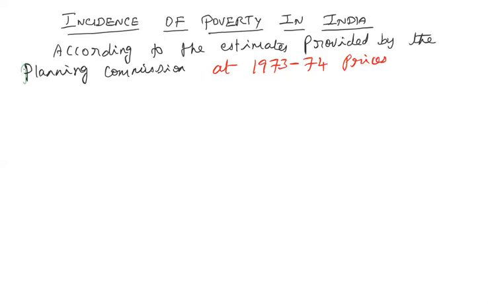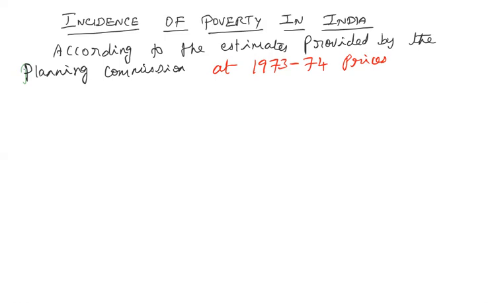In the previous class, I explained the steps involved in identifying what percentage of the population is absolutely poor. First we have to find out the nutritional diet requirement, and in order to purchase that much nutritional diet, how much expenditure a person has to incur. So at 1973-74 prices, in order to consume that much nutritional diet per day, a person has to spend a certain amount.